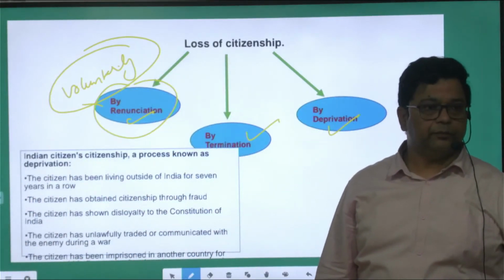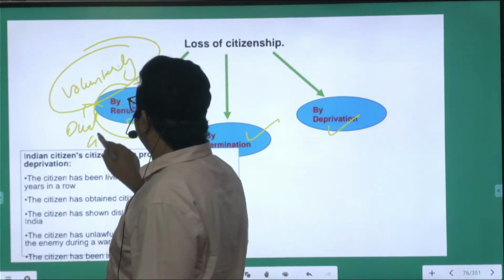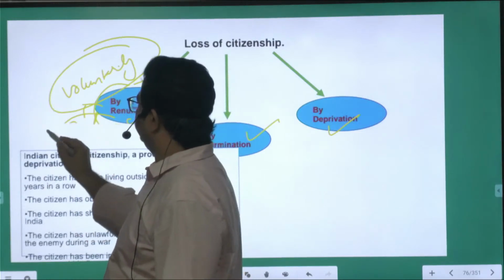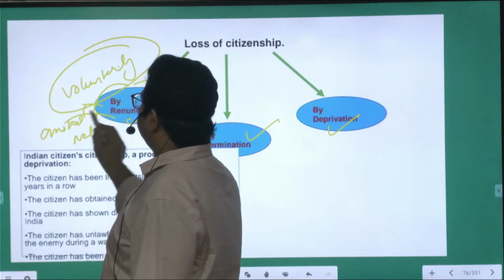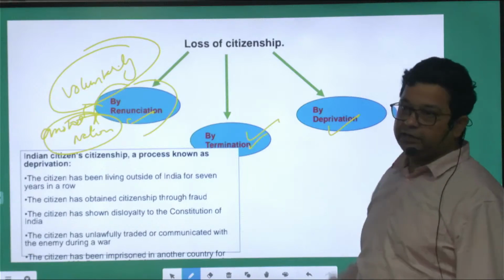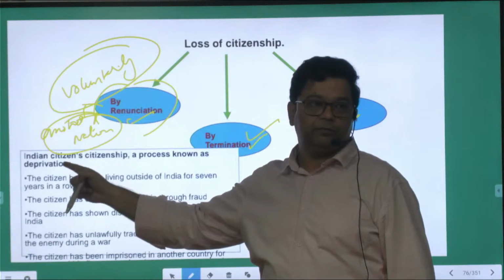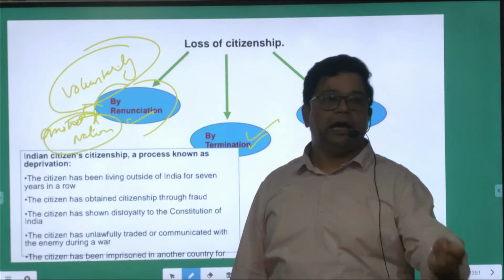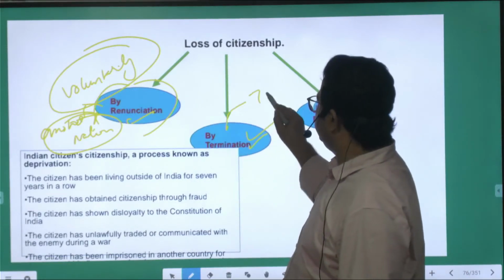Okay? When a person acquires another nation's citizenship, this is renunciation. Termination is when the person has acquired the citizenship of another nation but does not give up the Indian citizenship, and the government comes to know about that, so the government will terminate that citizenship.